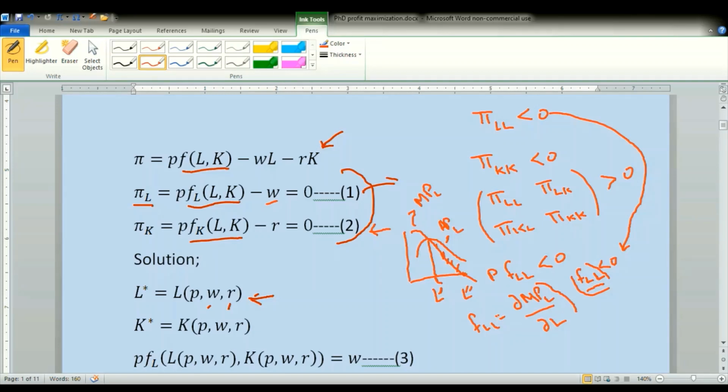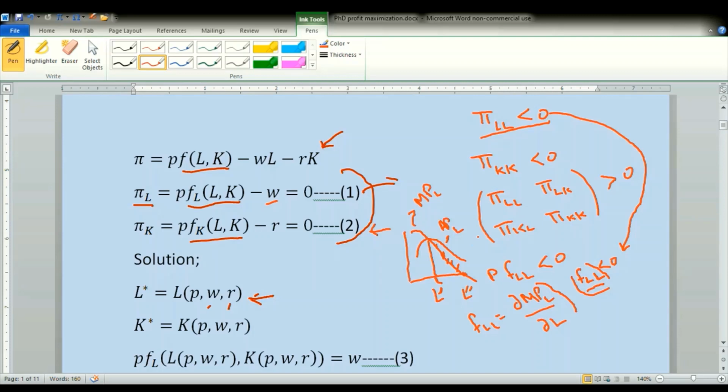So when we say that pi LL is less than 0, it is like affirming that the firm will be able to maximize profit only when the firm's employment level is in the second stage of production.